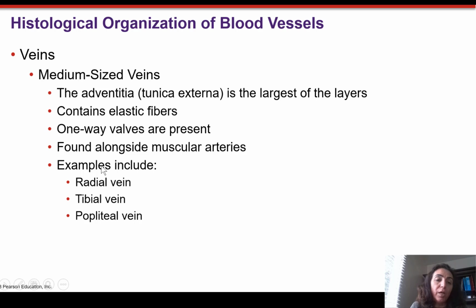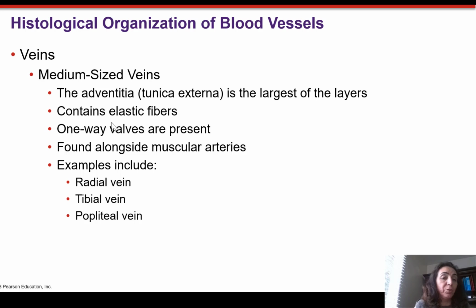Now regarding the medium-sized vein, the adventitia or tunica externa is the largest of the layers that it has. It contains elastic fibers, and it uses these elastic fibers as part of pushing the blood up, because on the venous side, the blood is going back toward the heart mostly against gravity.